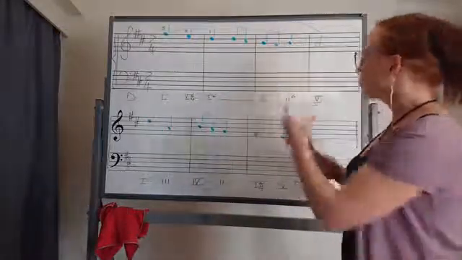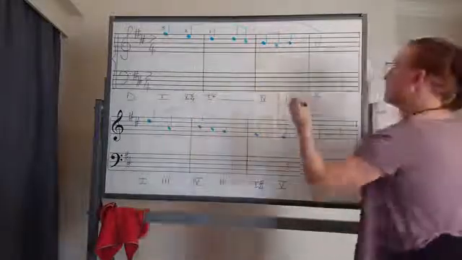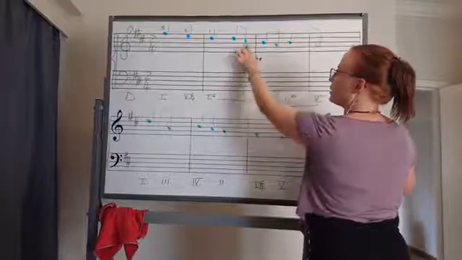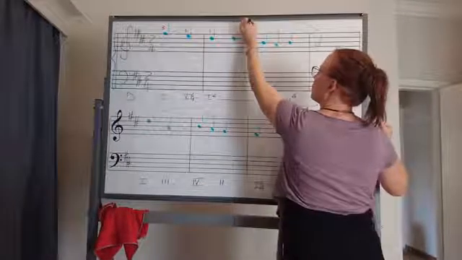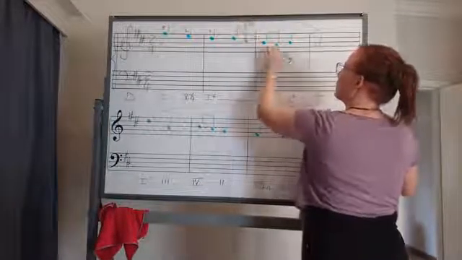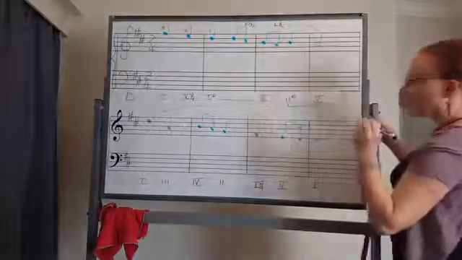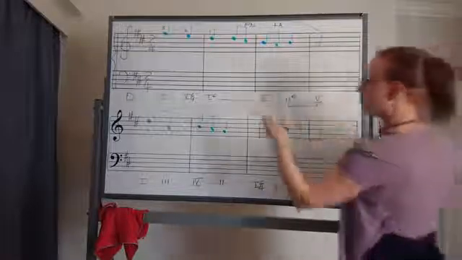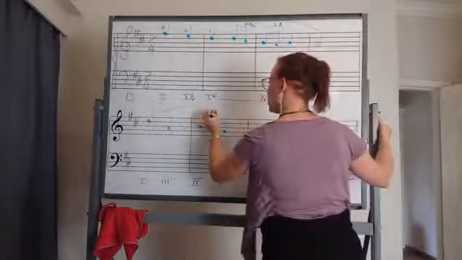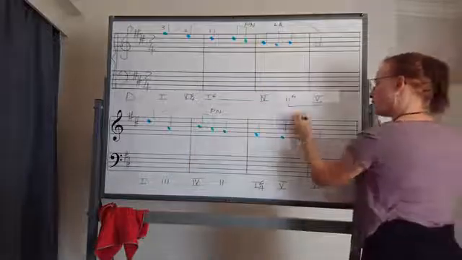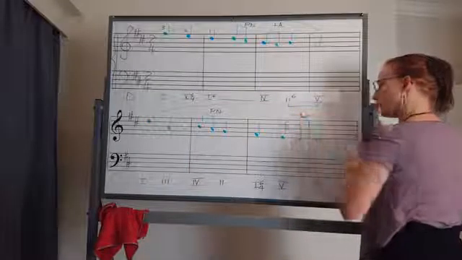Okay, so if we just quickly look at this, so this being chord 1 means that this is going to be a passing note. Okay, this is a lower auxiliary note, and then over here I have another passing note, and here I have an anticipation.